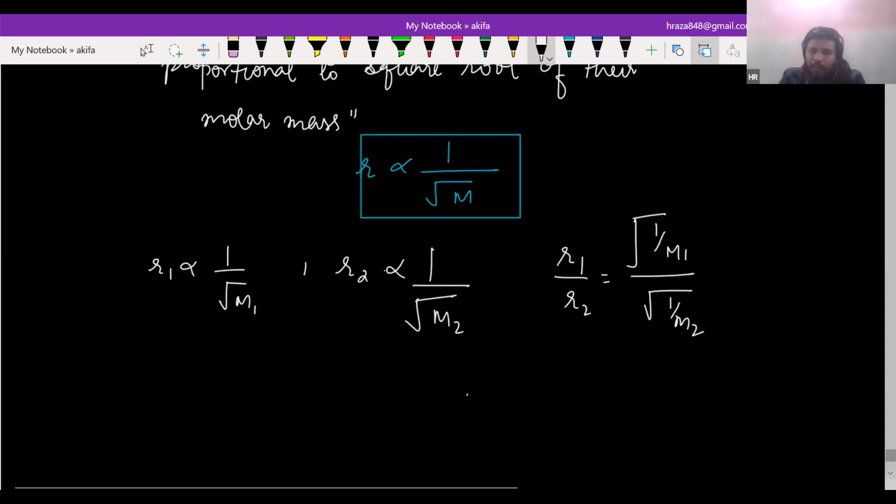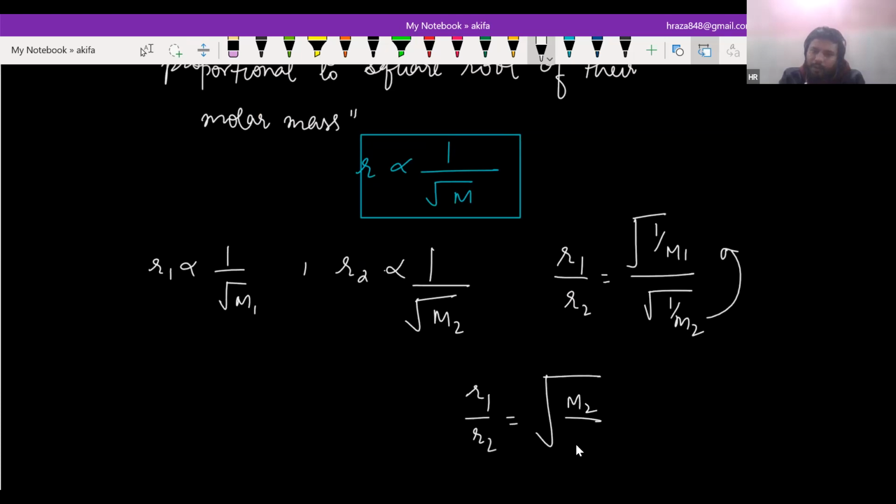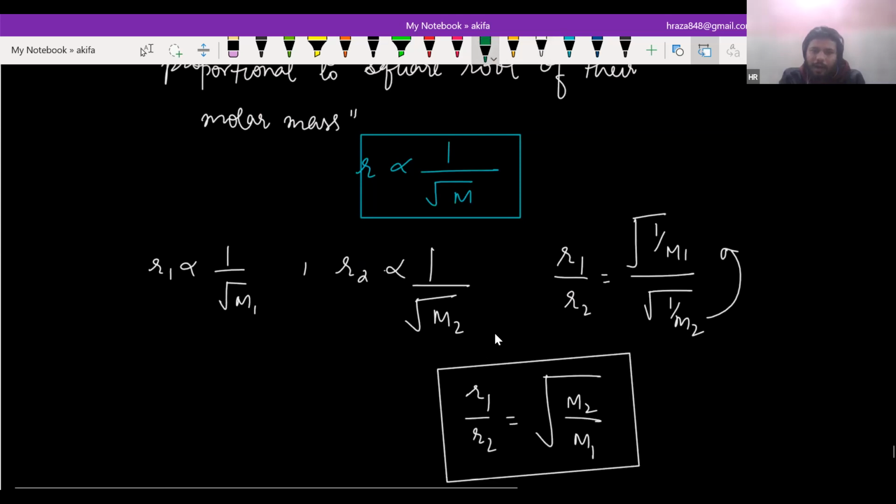R1 by R2 will be, this will be in numerator and this will be in denominator, so that they are inverse to each other. You can see R1 in numerator and M1 in denominator; R2 in denominator, it will be in numerator.